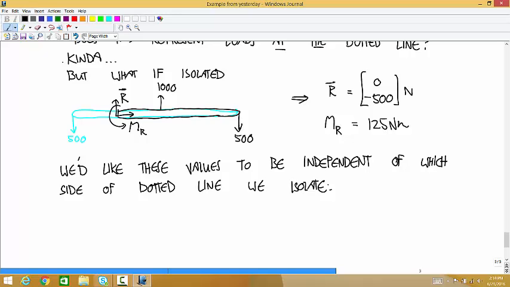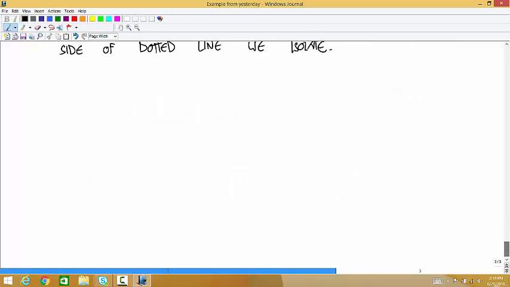And to fix that problem, I'm going to introduce this new sign convention that's sort of arbitrary, and it kind of obscures the fact that all you're doing is treating this cut as a fixed joint. But it does fix that problem of different answers working from the two different directions. So to fix this problem, we'll use a new sign convention.